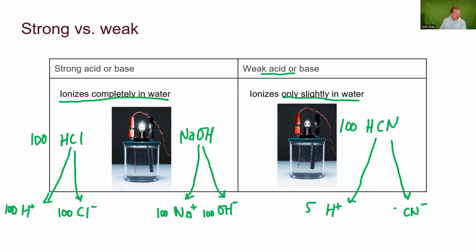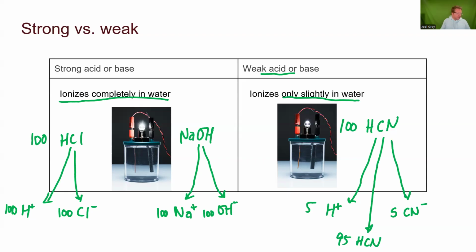Well, we'd probably get about 5. So what does that mean? We had 100 of them. We added them. 5 of those molecules separated. What also happens is you got 95 HCN that don't separate. They remain intact. So now that's an example. That is your definition for a weak acid.